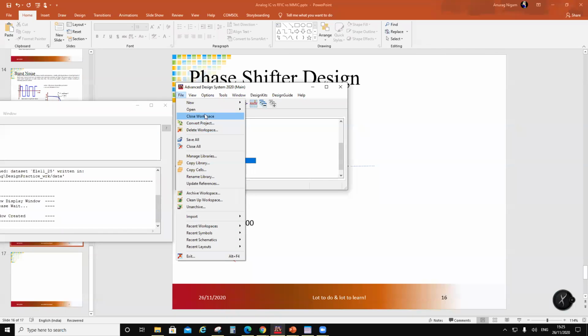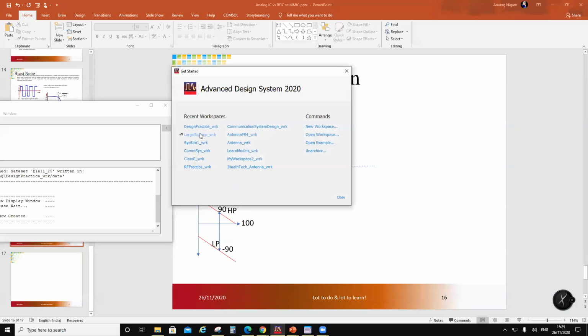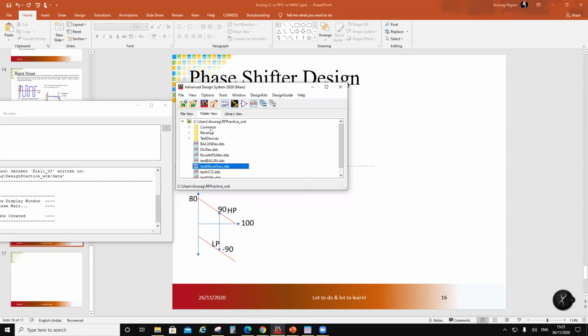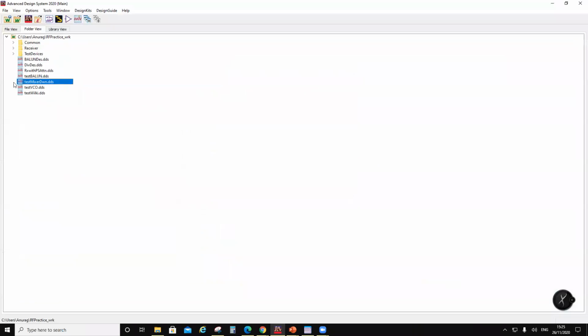Close workspace and go to RF practice, large signal system COMSYS class E RF practice. And let's look at my implementation of common elements, phase shifter.